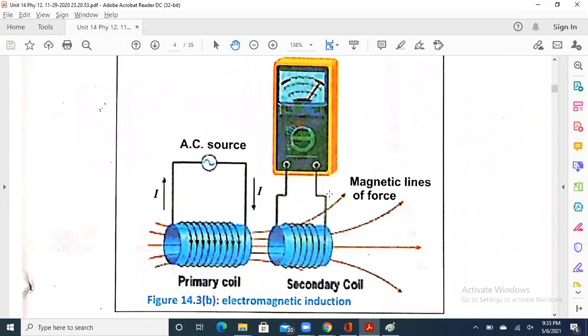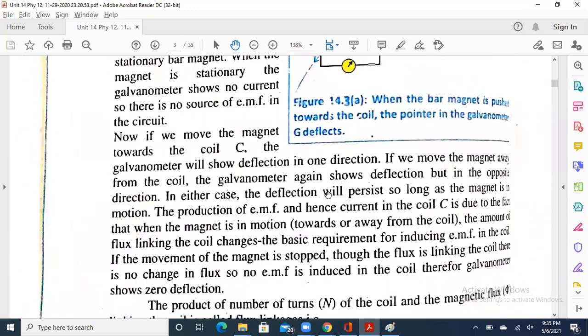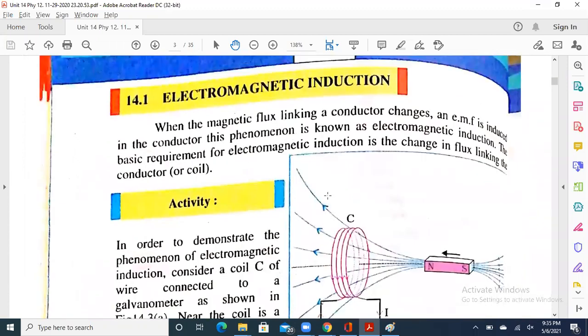Okay, dear cadets. Yesterday, we got the concept of electromagnetic induction.